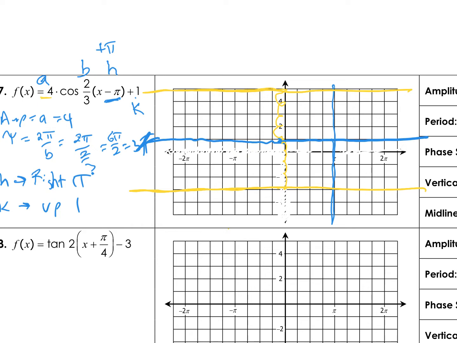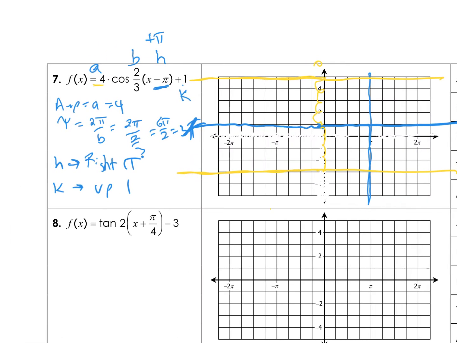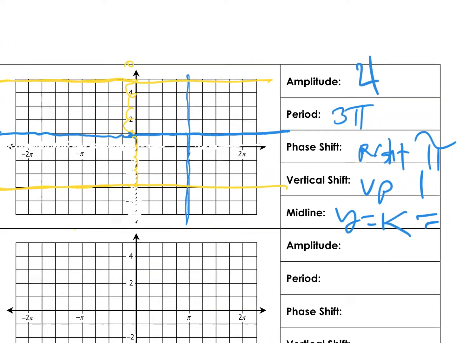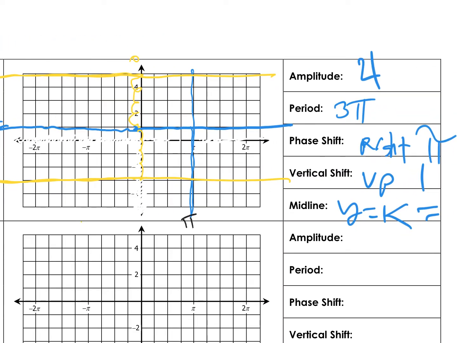Now, where is my starting place? It used to be at 0. It used to be y equals 0, but it's not now. Because I'm phase shifting, I already wrote it. I'm here, right here at pi. This is pi. And now my period, we said, is 3 pi. So it takes 3 pi to get this thing graphed. The bad news is I'm sitting at pi.